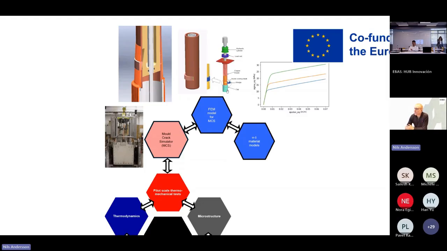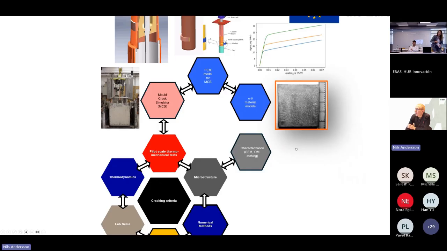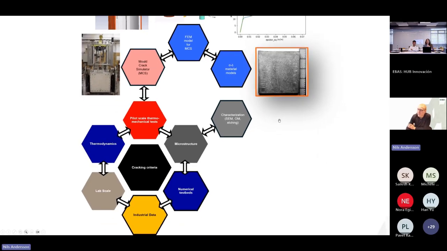And we also have material models to bring together the thermomechanical properties over the entire range of temperatures. And we have samples taken out from the process to characterize and give us microstructural information.